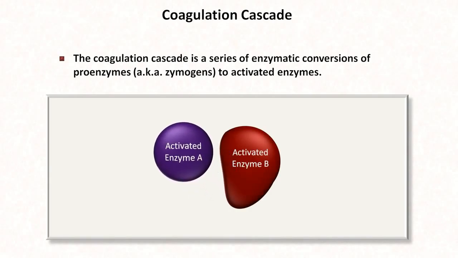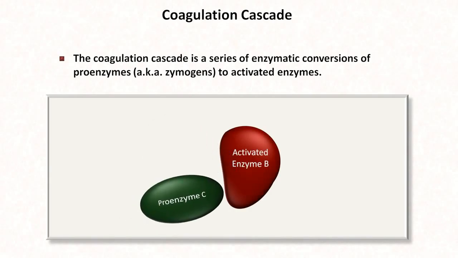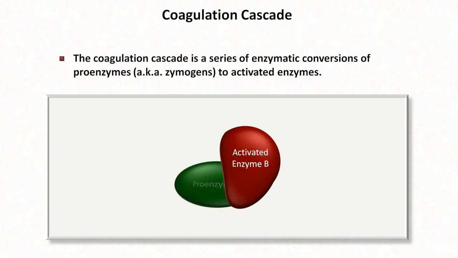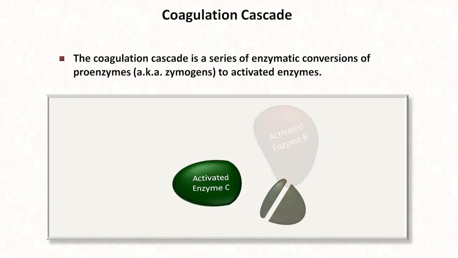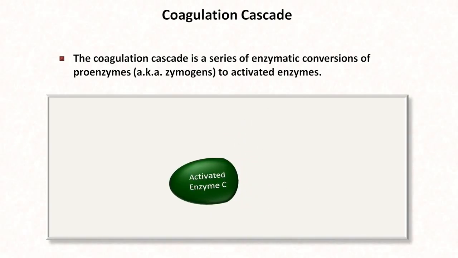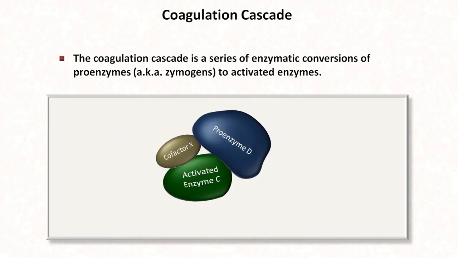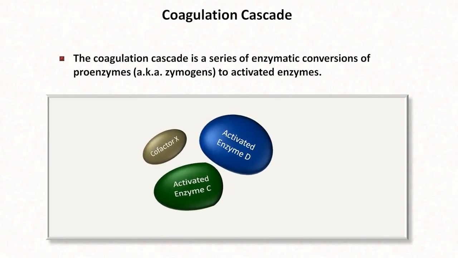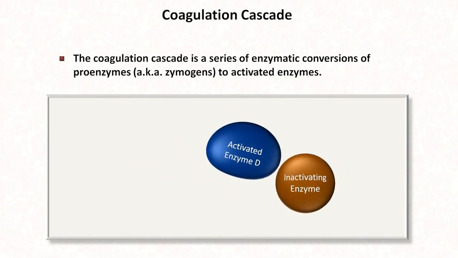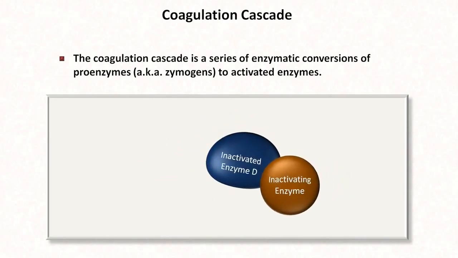Then activated enzyme B might cleave something off of a proenzyme C, activating that, and maybe activated protein C then requires a cofactor of some kind in order to activate proenzyme D. And then comes along an inactivating enzyme which binds to enzyme D, preventing its action.